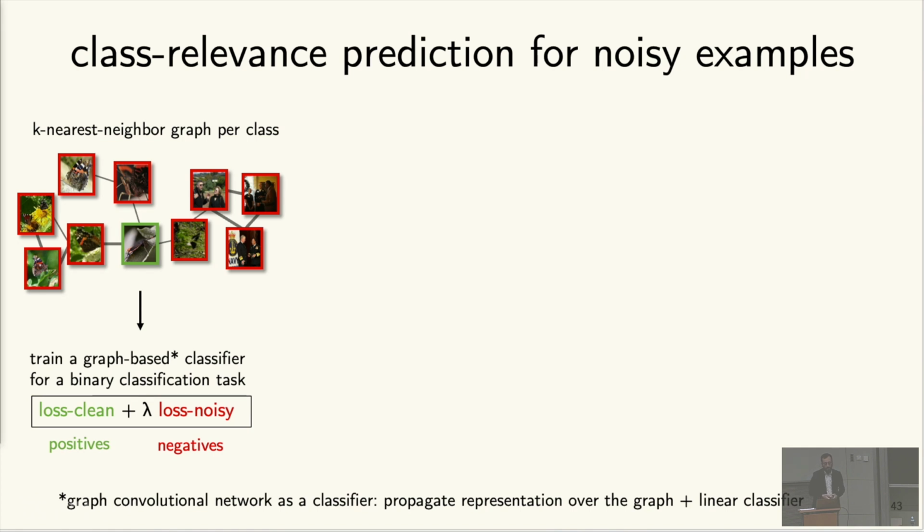So instead, we train a graph-based classifier for a binary classification task. We have two classes, and we're treating all the clean images as positives, while all the noisy images as negatives. But there is a balance factor that treats the two losses differently. And we cross-validate this in our experiments and get intuitive results.